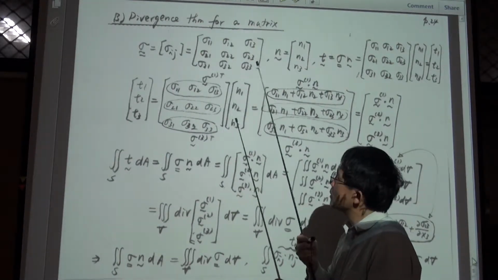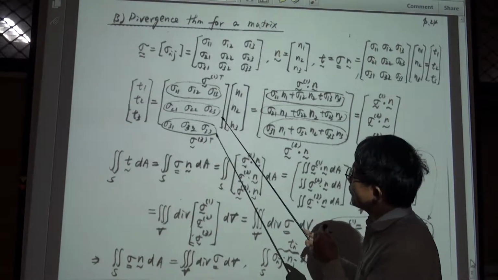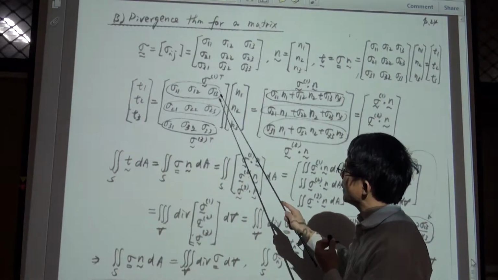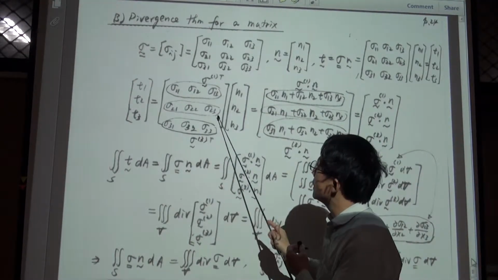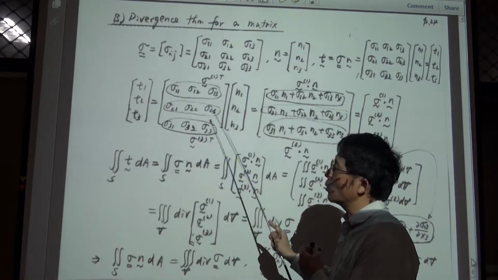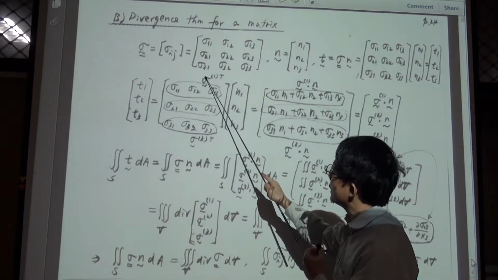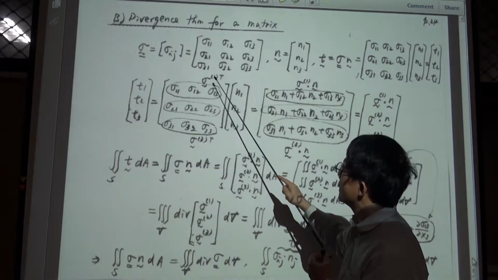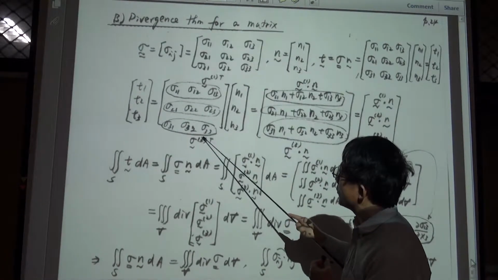the unit outer normal. Now we define our stress matrix by three vectors. This row vector, this row vector, this row vector, they all can be denoted as sigma vector bracket 1, sigma vector bracket 2, sigma vector bracket 3.